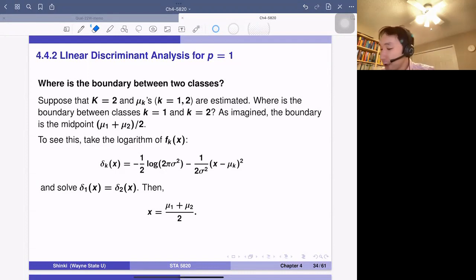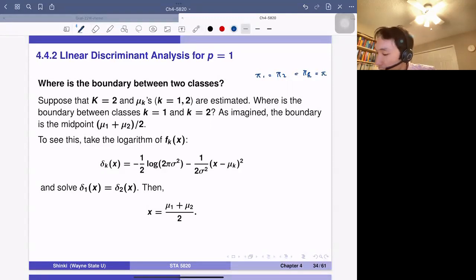For now, we assume that of course sigma squared is the same, but also that we just ignore the prior probabilities pi_1 and pi_2 for now. So these probabilities are the same, maybe equal to pi.